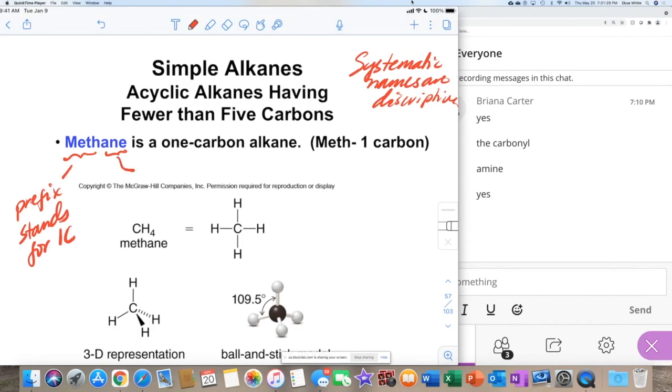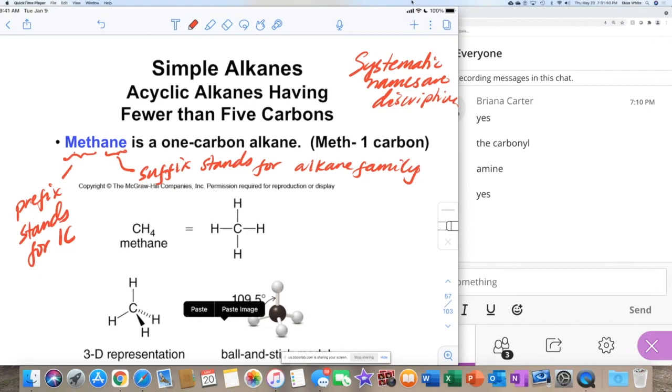And then ane is a suffix, kind of like a last name, that stands for the alkane family. So meth is just 1 carbon, and then ane is the alkane family.